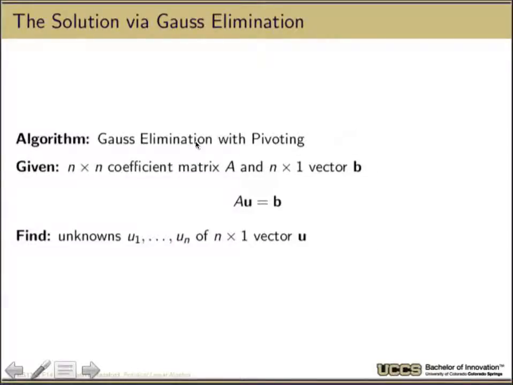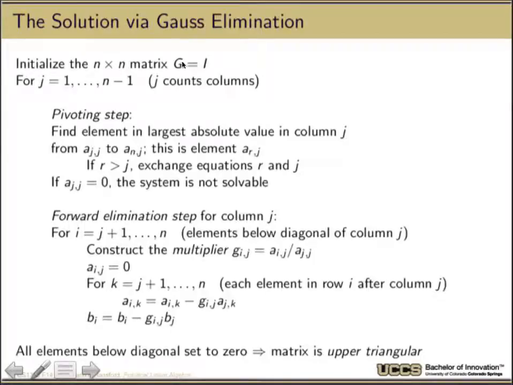So overall, to summarize our Gaussian elimination with pivoting, we're going to be given an n by n matrix A. On the right-hand side, we want to find the vector u that solves this. So we initialize our n by n matrix G, for i equals 1 to n minus 1. It's counting what column we're going to work on.